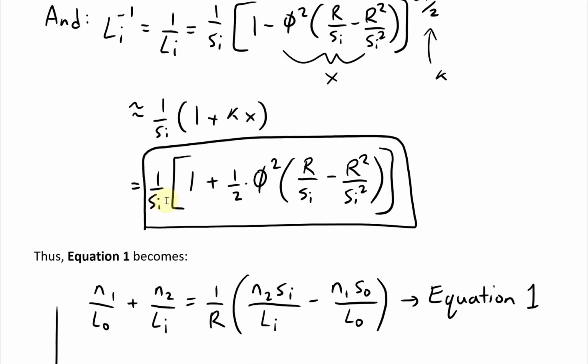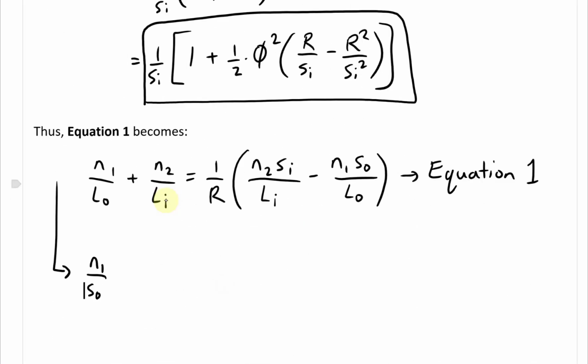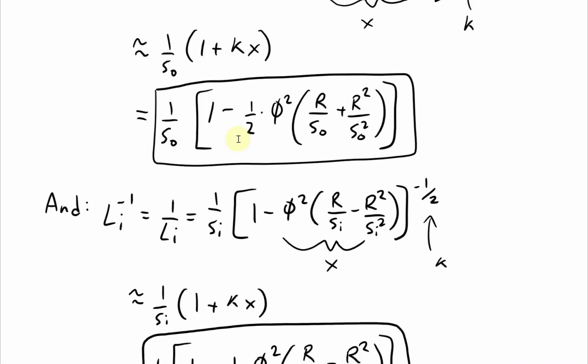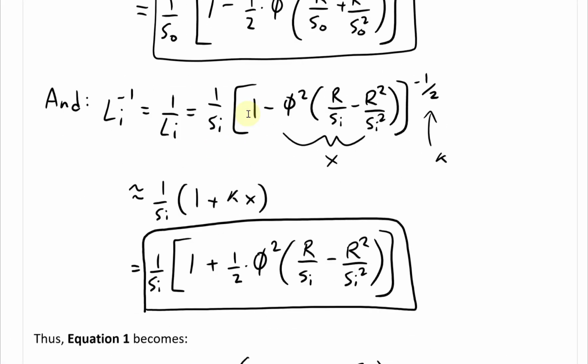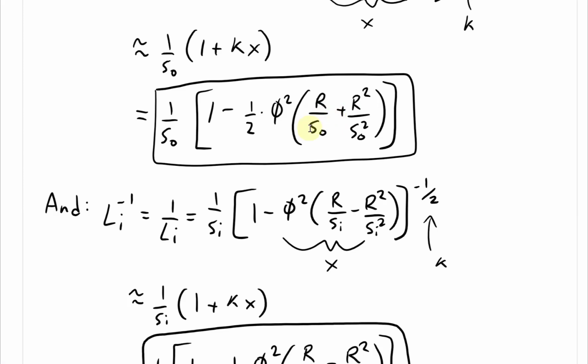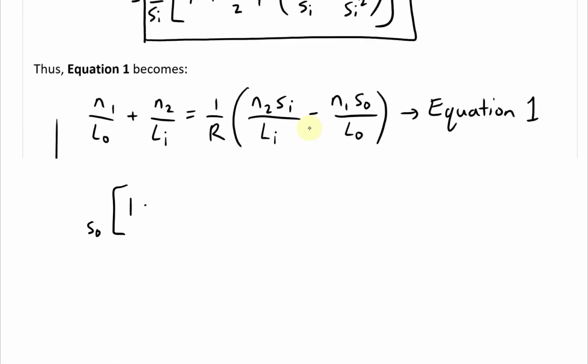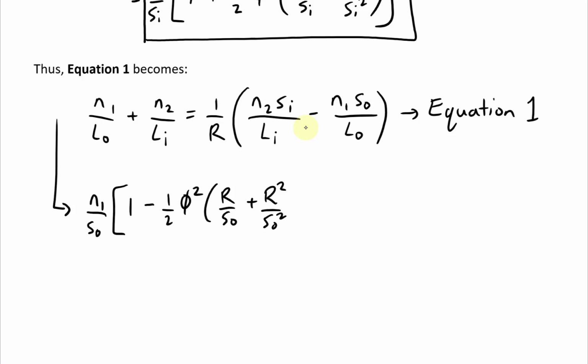So we're going to have an S naught there. S naught, giant bracket, 1 minus 1/2 phi squared, and then this is going to be R over S naught plus R squared over S naught squared. Let's write this better. All bracket like that. And again, we don't have the square root anymore.